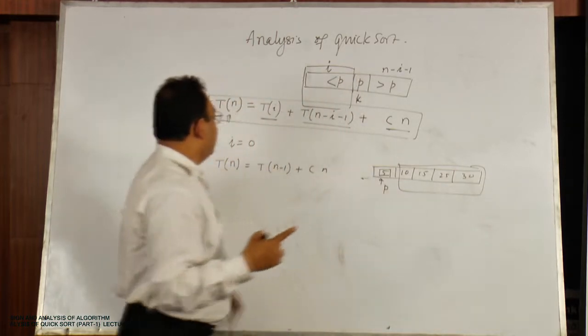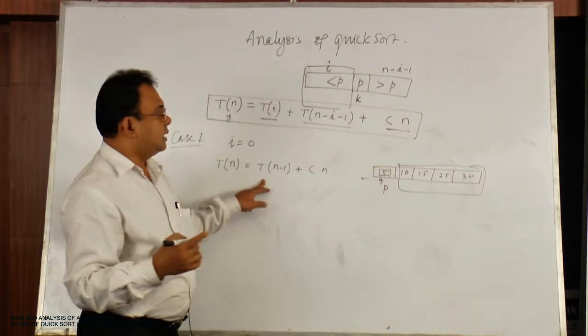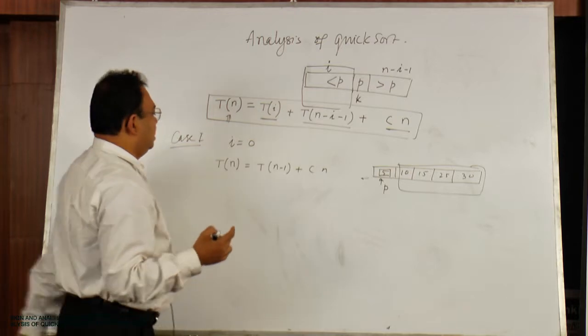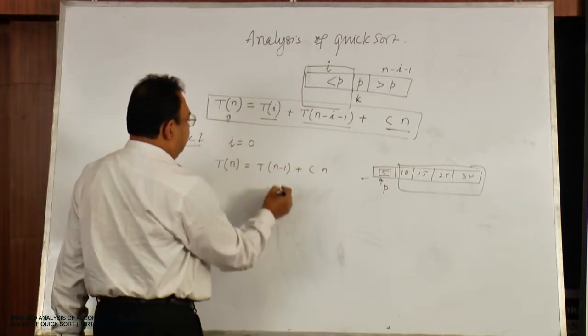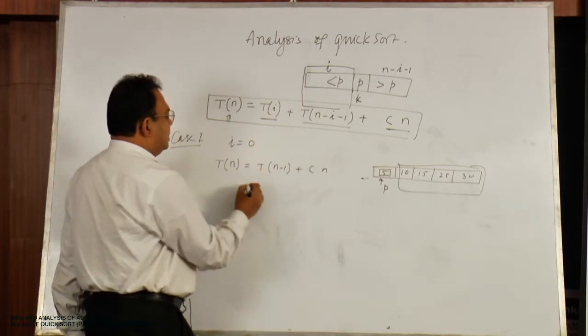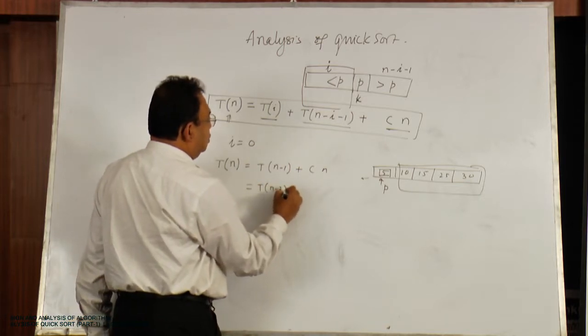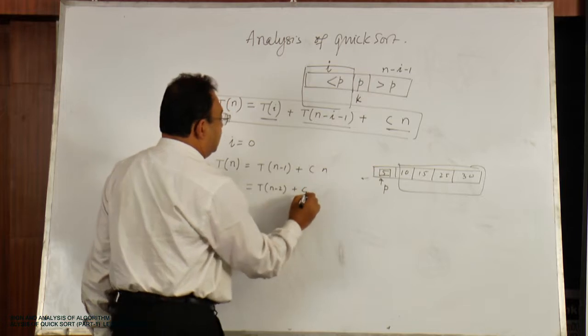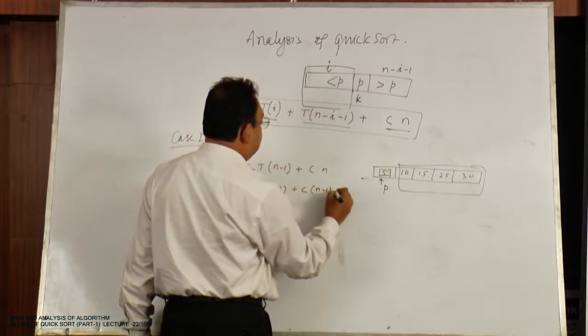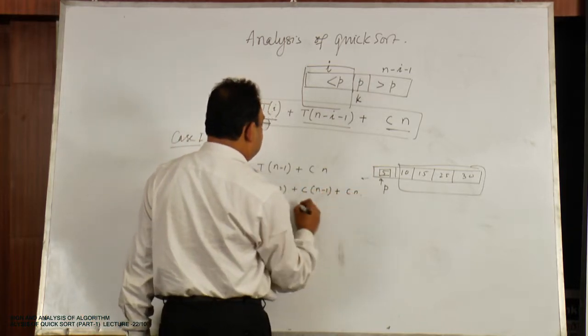So, that will be the case in all successive recursive calls. So, if we telescope this recurrence, then this will be again T(n minus 2) plus c(n minus 1) plus cn. So, in this way it will continue.